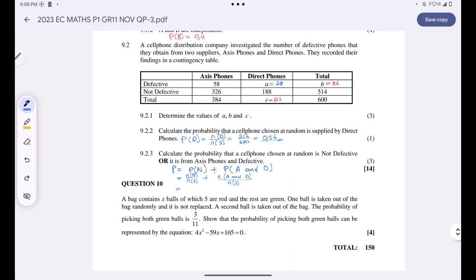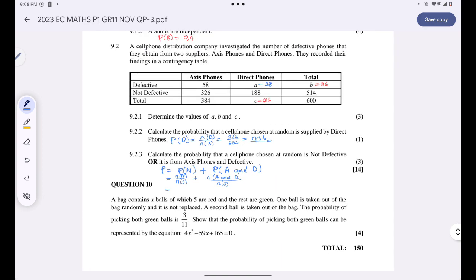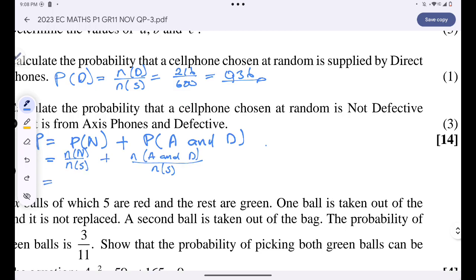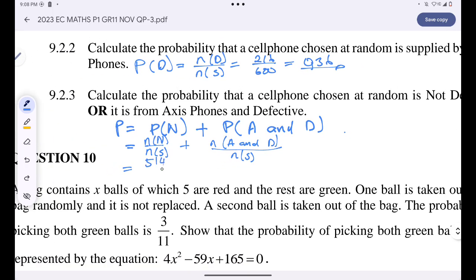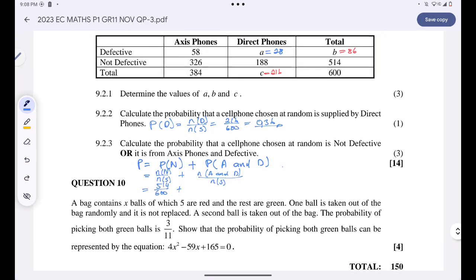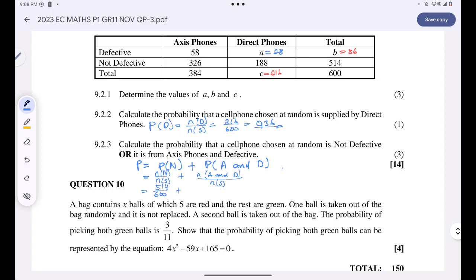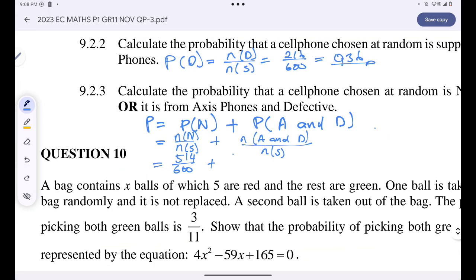I just need to substitute. The number of phones which are not defective, that's 514 over 600, which is my sample space, and the number of phones which are supplied by Axis Phones and are defective, that's 58 over 600. So the probability is simply 514 over 600 plus 58 over 600.